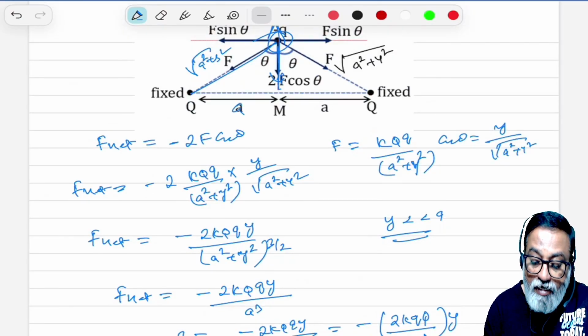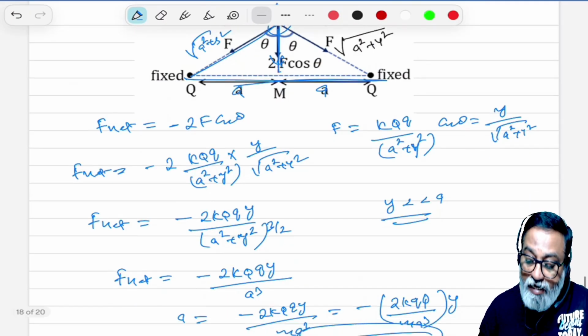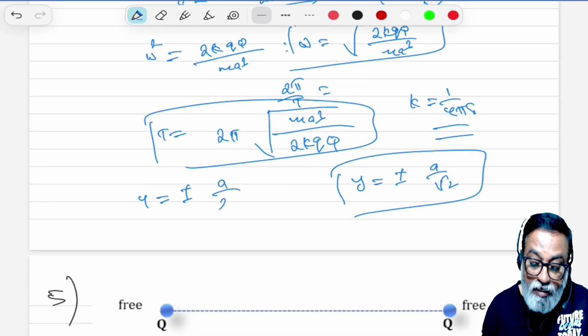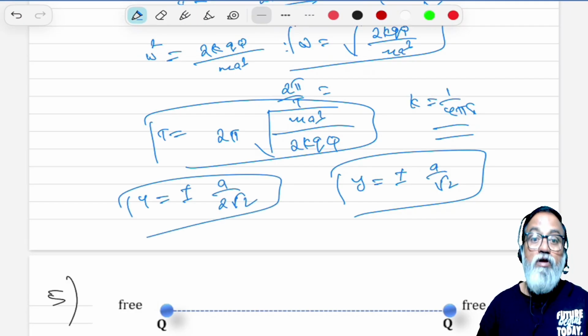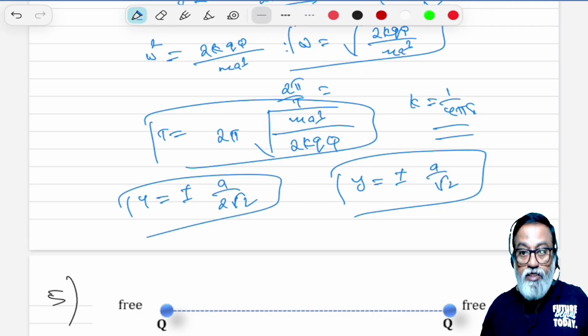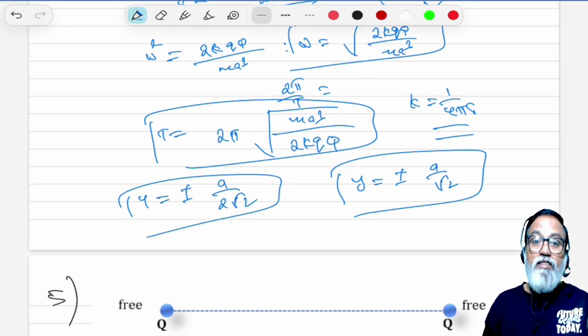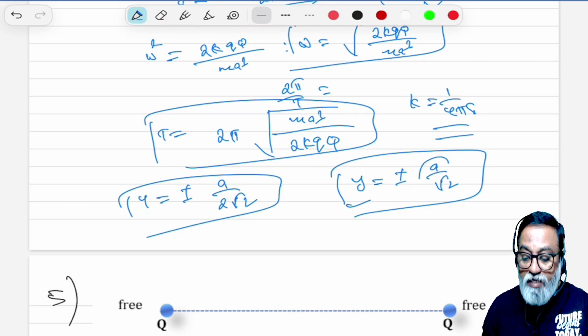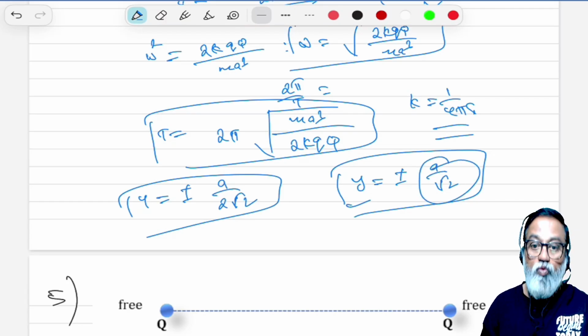If the total distance is considered as a, in this case y is equal to plus or minus a by 2 root 2. Therefore, when a third charge is displaced along the perpendicular bisector of two charges, the force will be maximum when y is equal to plus or minus a by root 2.